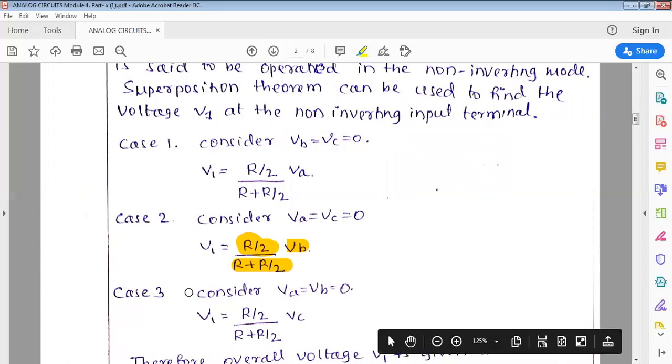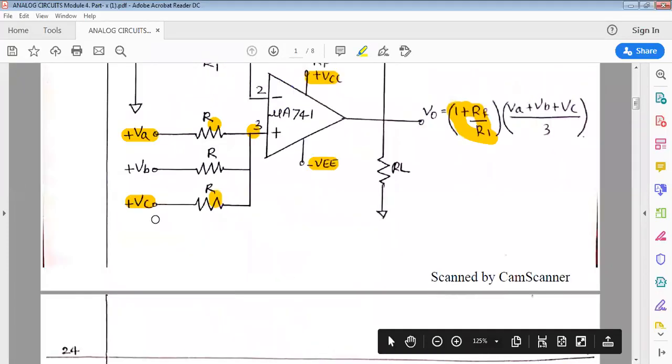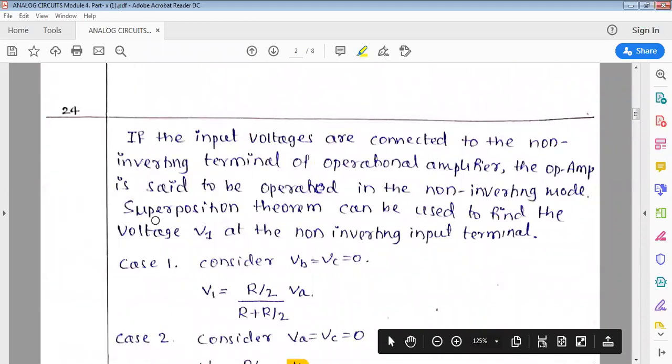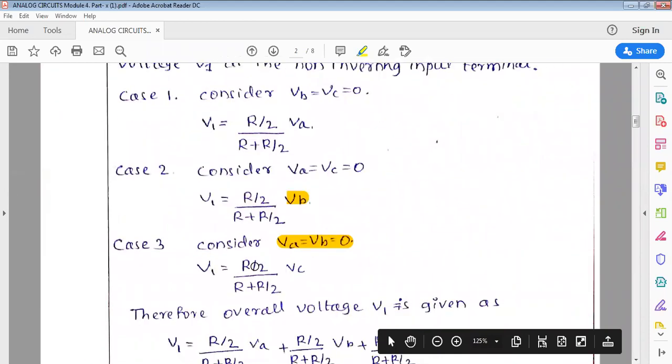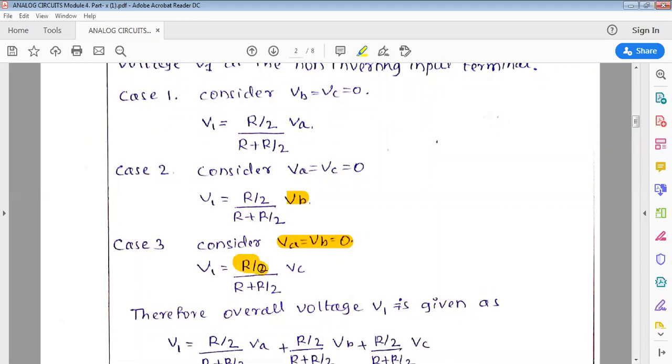Again, in the same way, consider one more condition, case 3, wherein VA and VB both are 0, and VC is the supply given. The current is the voltage VC divided by the total resistance of the path, R plus R by 2 as in the previous case, multiplied by the effective resistance of the parallel combination, R by 2.